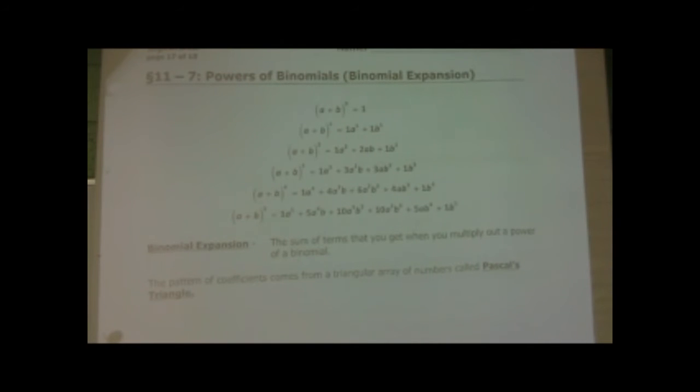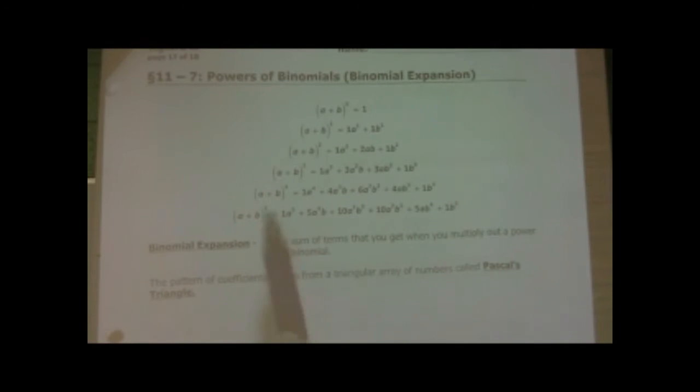So today we're going to talk about calculating powers of binomials, and we're going to use something called Pascal's triangle. When I do this, I call it binomial expansion. What I'm doing here is taking binomials raised to different powers and expanding them into their polynomial, multiplied out.